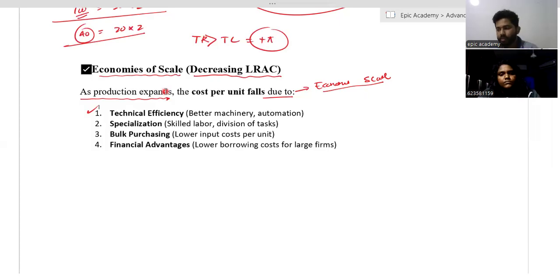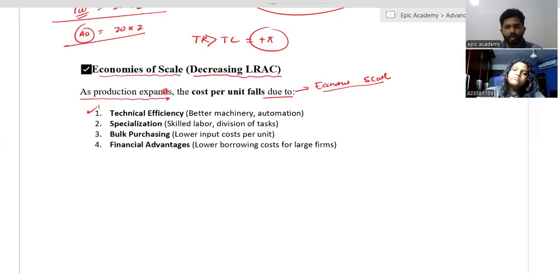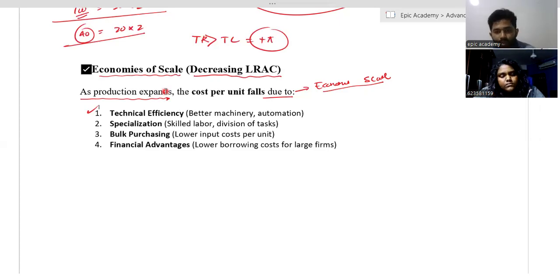If you are producing something by using labor, you have to worry about the time period, isn't it? Which time you are going to start the production, which time you are going to end the production, it can change. But if you use only machineries for the entire production, no need to worry about the time period. You can produce goods and services throughout the 24 hours, isn't it?